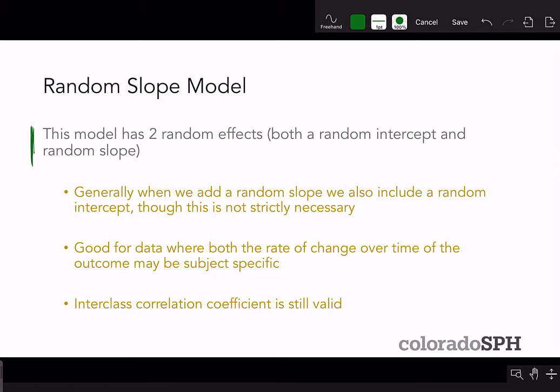Generally, when we add a random slope to a linear mixed model, we also include a random intercept, though you don't have to, it just tends to be what we do in practice. This is good for data where the rate of change over time of the outcome may be subject specific, and you can still get an intraclass correlation coefficient.